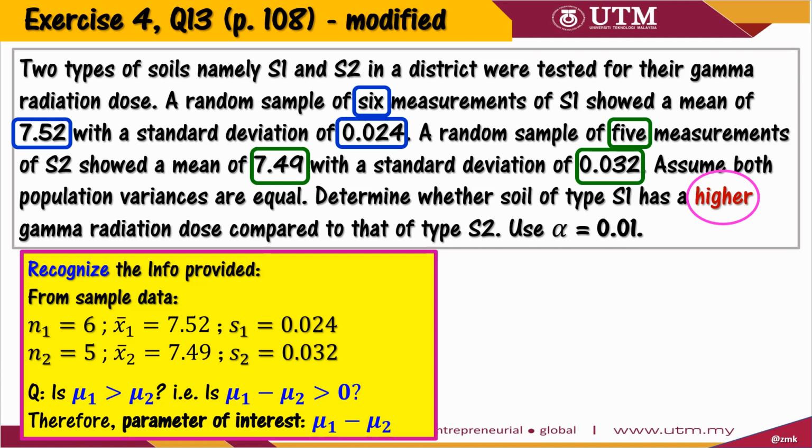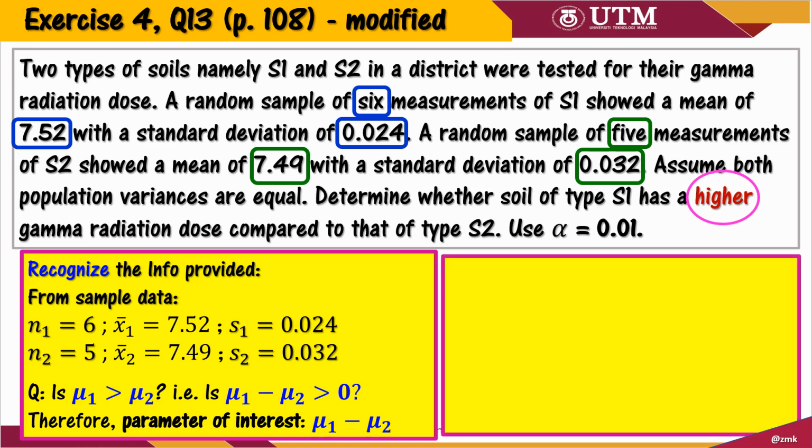As before, first look at the population variances, sigma 1 squared and sigma 2 squared. Do we know the values of these population variances? These values are not explicitly stated anywhere in the question, right? So, the population variances sigma 1 squared and sigma 2 squared are unknown.